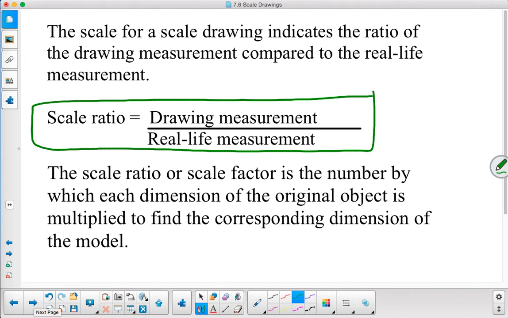When we talk about a scale for a scale drawing, the measurement on the top of the fraction is the drawing measurement. The measurement on the bottom is the real life measurement. Keep track of what units there are as you work these. It says a scale ratio or scale factor is the number by which each dimension of the original object is multiplied to find the corresponding dimension of the model.